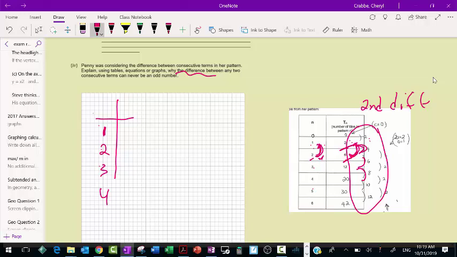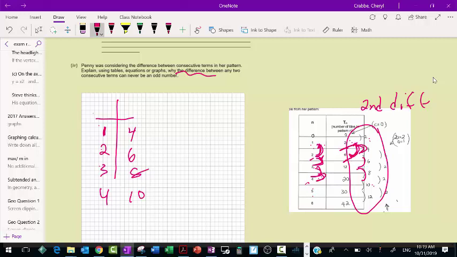The difference is 4. For the second set of consecutive terms, between 2 and 3, the difference is 6. Between 3 and 4, the difference is 8. And between terms 4 and 5, it is 10.